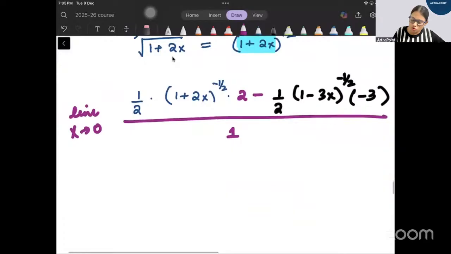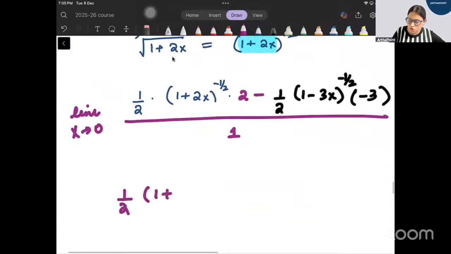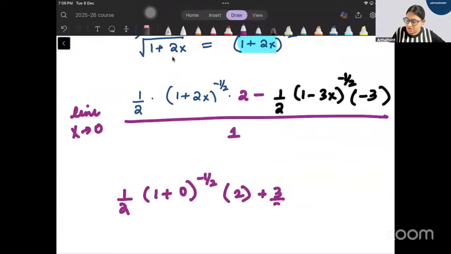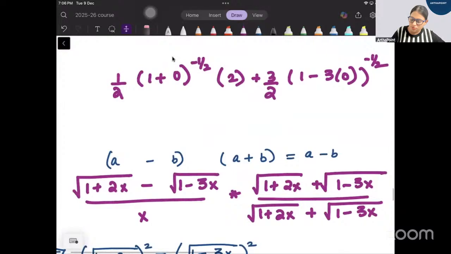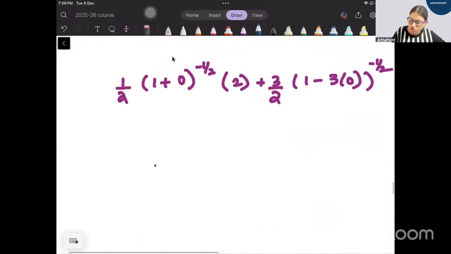Limit x tends to 0. Now just plug in the value. Half, 1 plus 2 into 0 is 0, to the power minus half, into 2. And this will be plus 3 by 2 because this is minus and minus. And this will be 1 minus 3 into 0, to the power minus half, right? So this is just going to be 1.